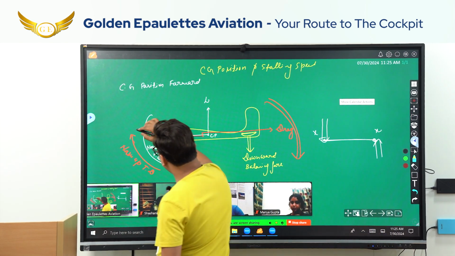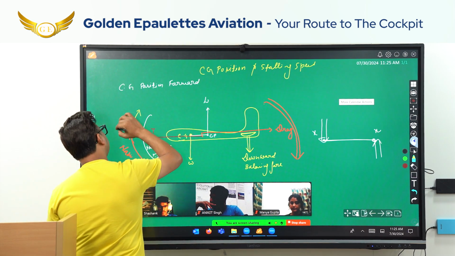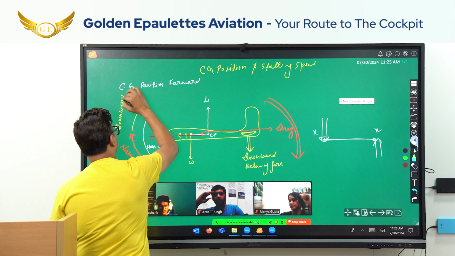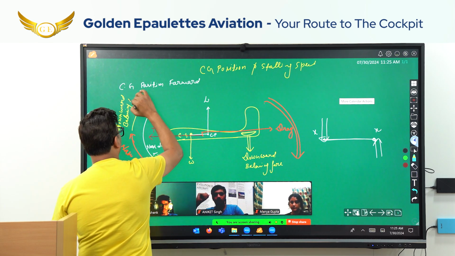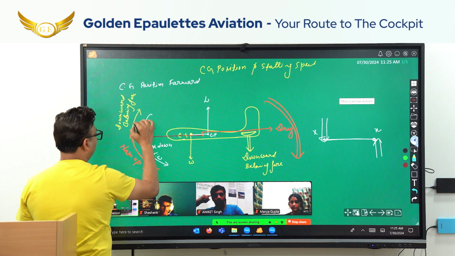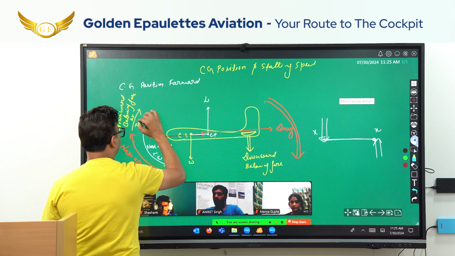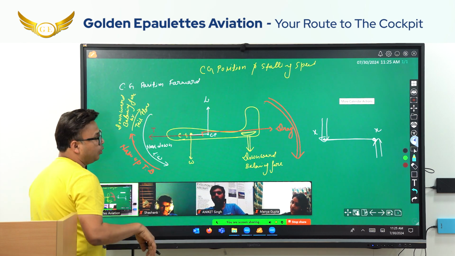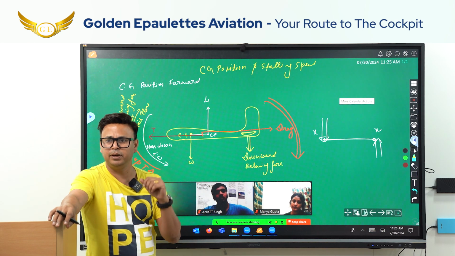So this will further raise the nose up. By whom? The tail plane. So now you can understand how important a role the tail plane plays in an aircraft for stability.